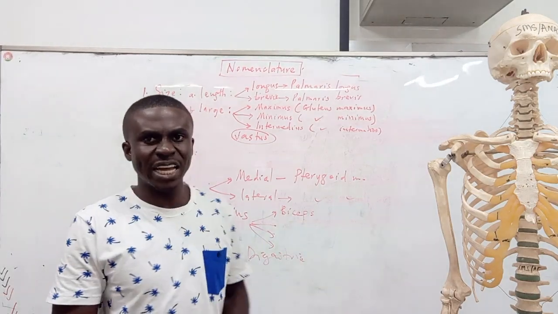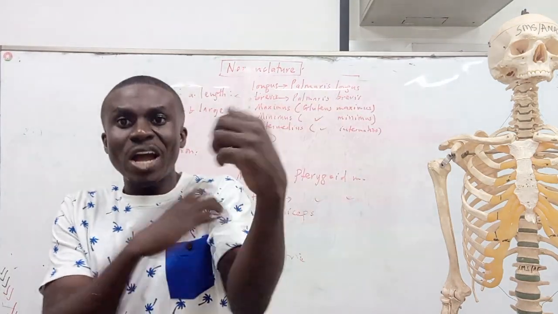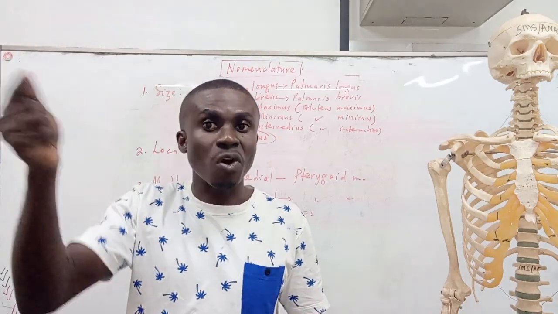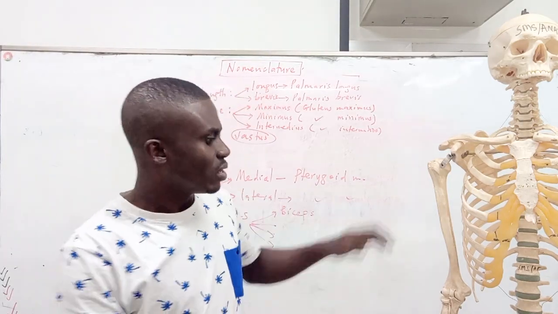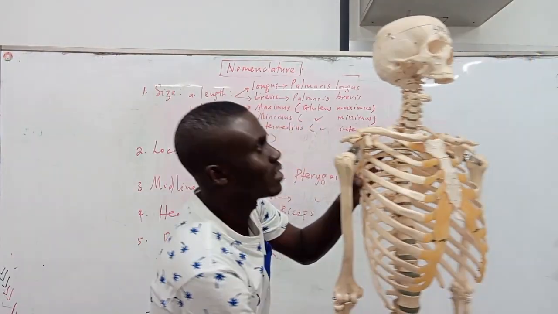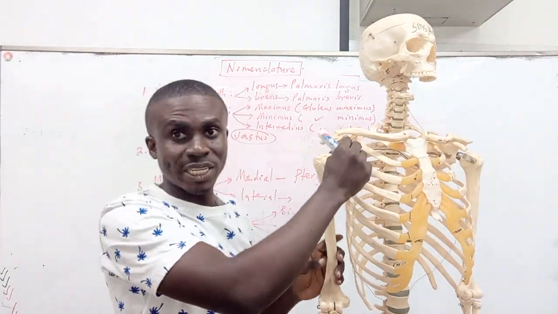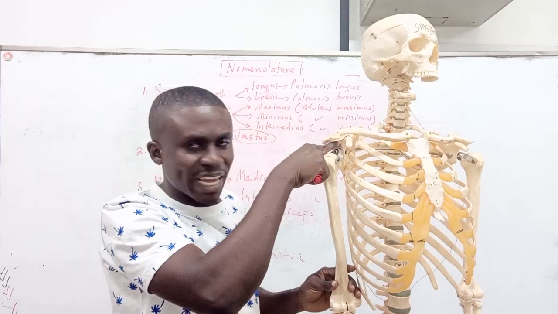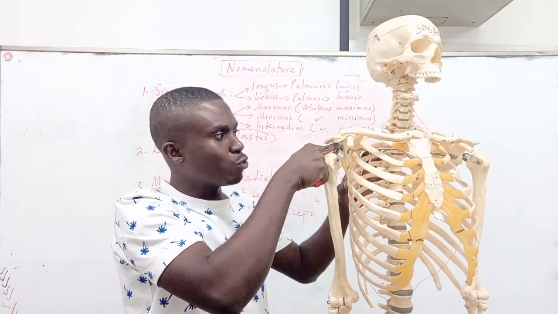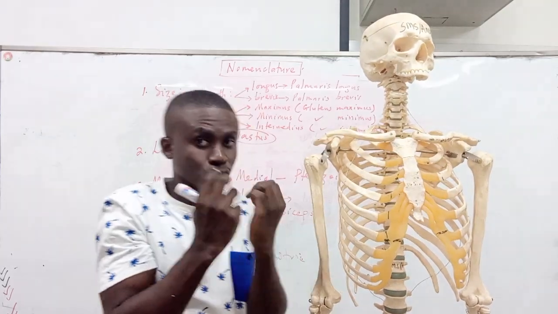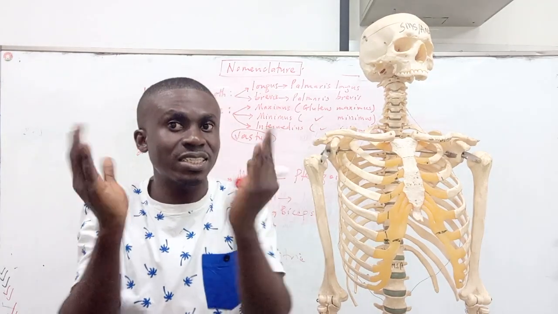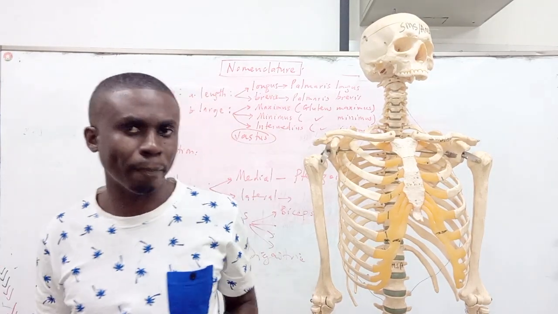I've told you about biceps, for example, biceps brachii. Why are we calling it biceps? Because it has two origins. One origin from the coracoid process, that's where the short head is coming from. And there's also a long head coming from the supraglenoid tubercle. So two origins, two heads, biceps.